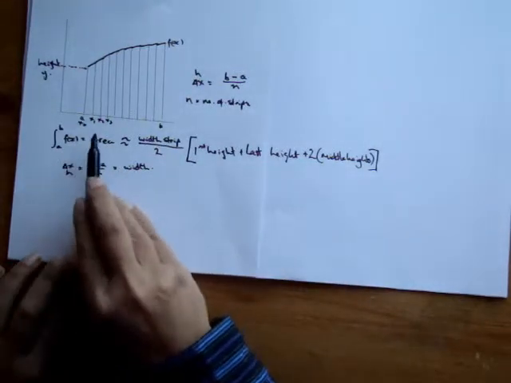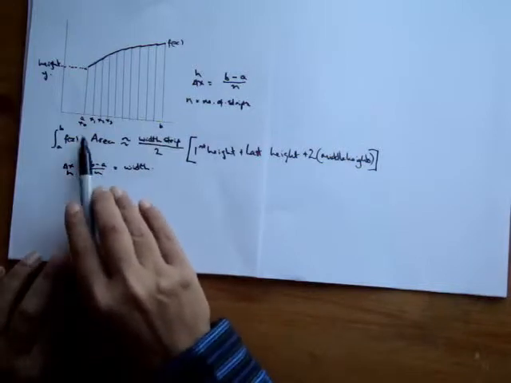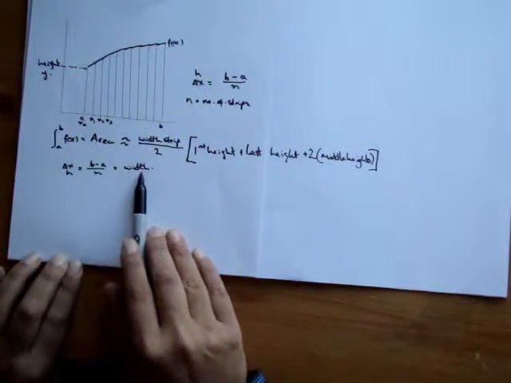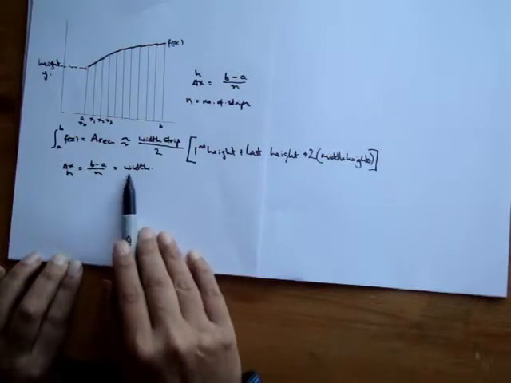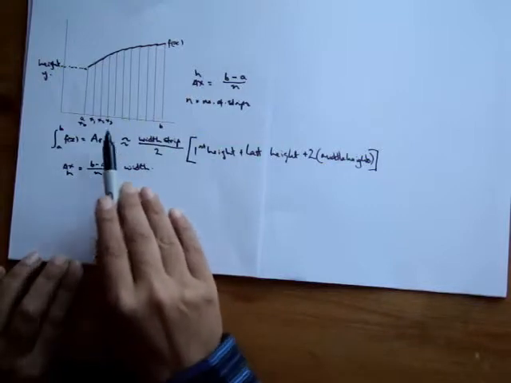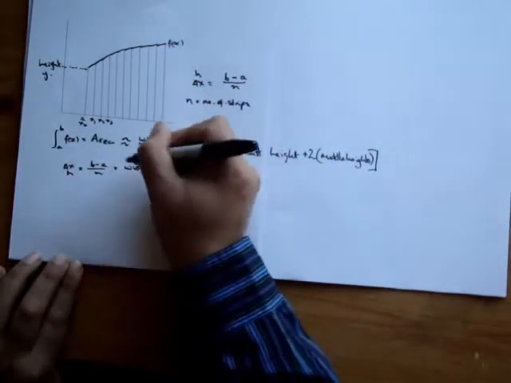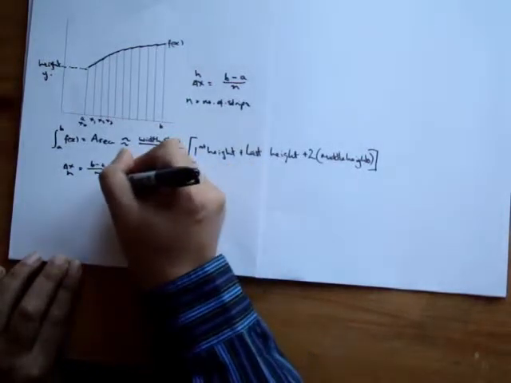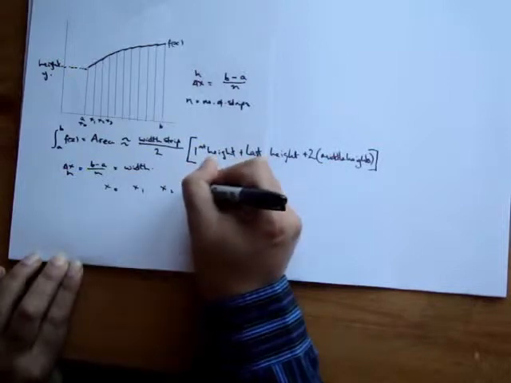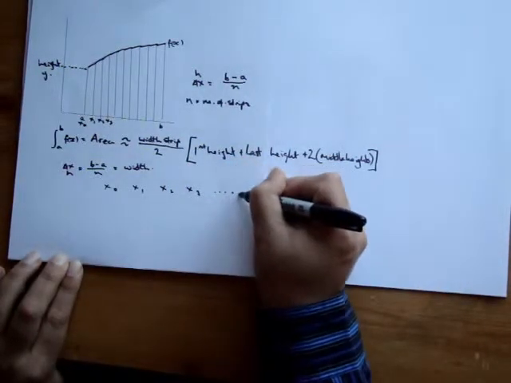So the first one would be a, the x1 would be a plus the width that we found here, delta x. Then the next one would be x1 plus delta x. The next one would be x2 plus delta x. So we make a table of x0, x1, x2, x3, etc. until we get to b.